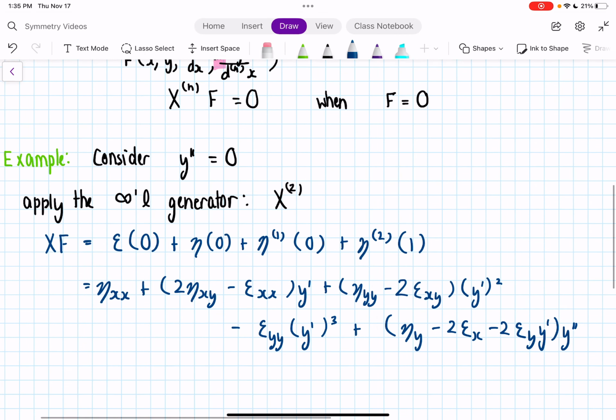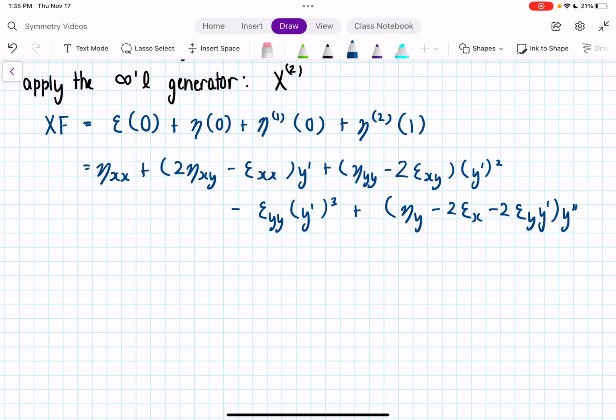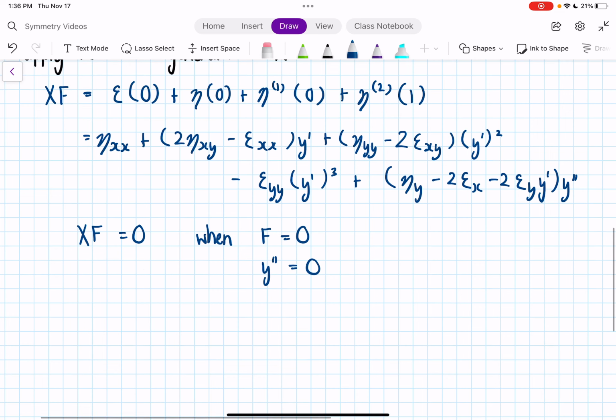And so Lie's invariance condition says that what we have is going to equal 0, and my f is y double prime. So when the second derivative is 0, this whole situation will be 0.